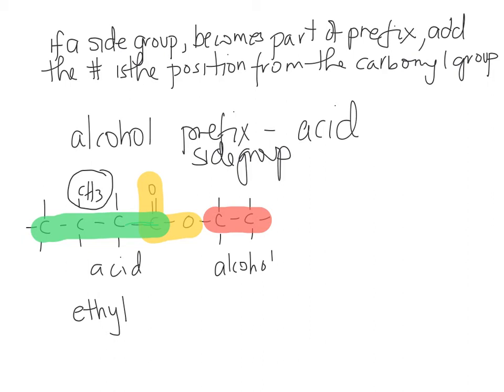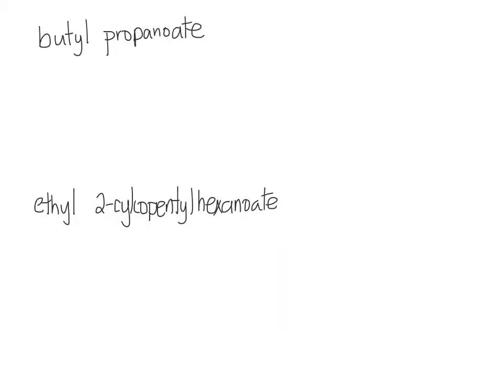So this is carbon 3, so this is 3-methyl, and our carbon length for the acid is 4, so butanoic acid, so butanoate for the ester. So ethyl 3-methylbutanoate.